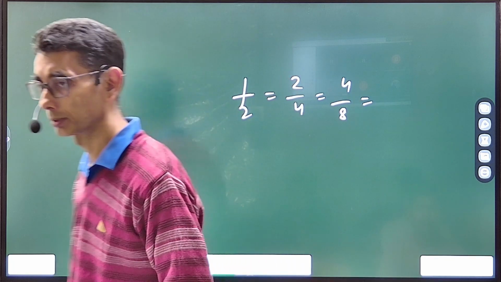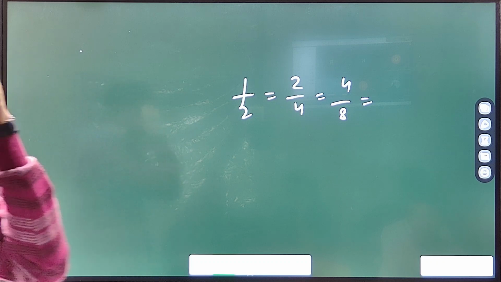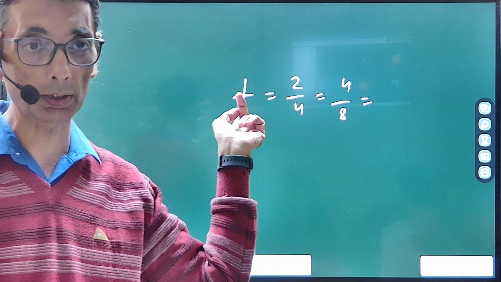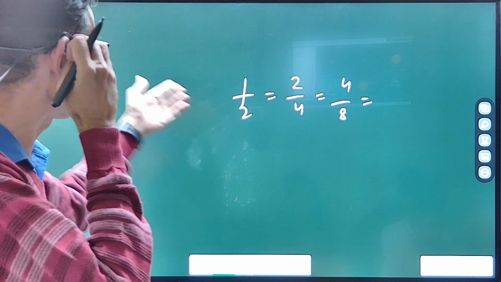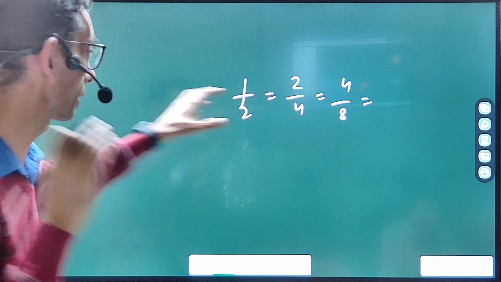These are called equivalent fractions. All fractions are equal or not? Like these are called equivalent fractions.